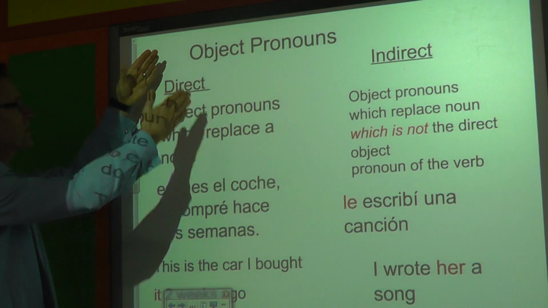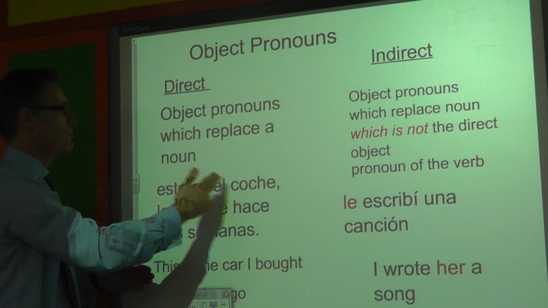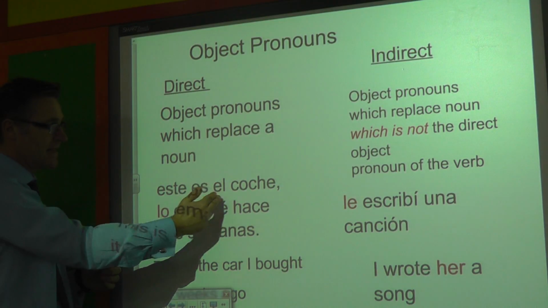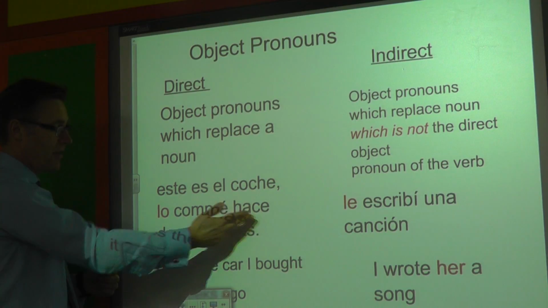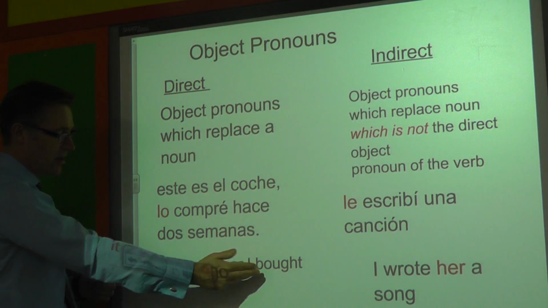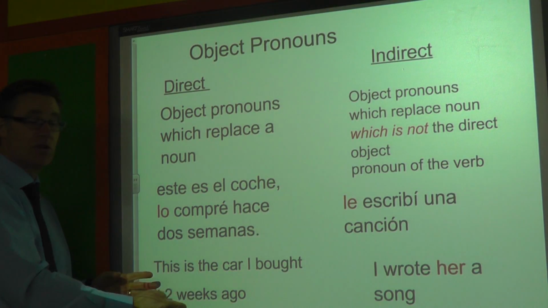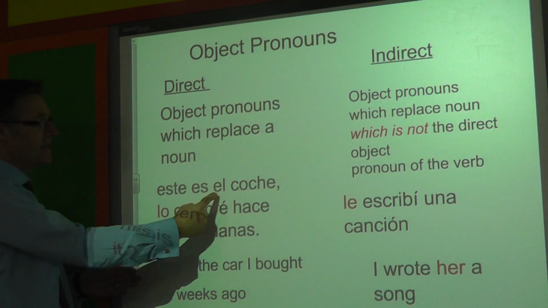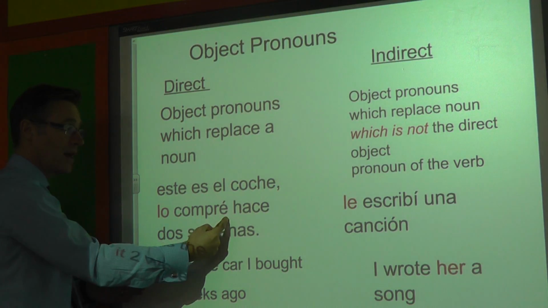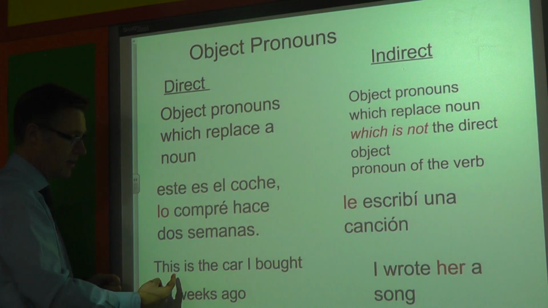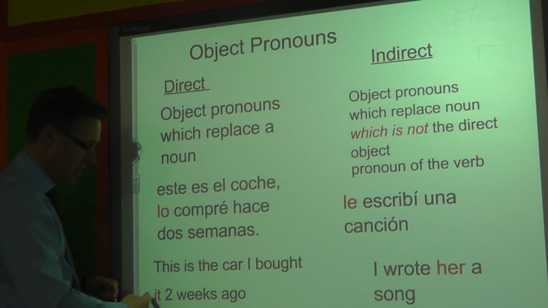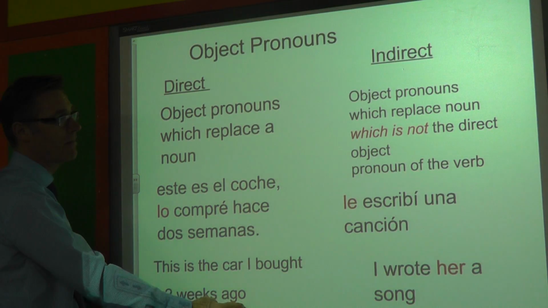Direct object pronouns replace a noun. Este es el coche. Lo compré hace 2 semanas. This is the car. I bought it 2 weeks ago.